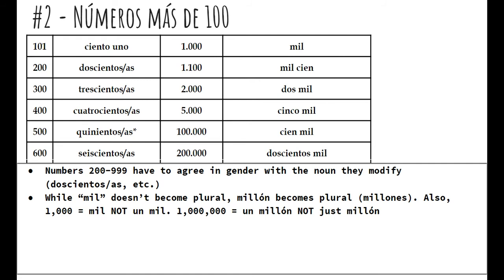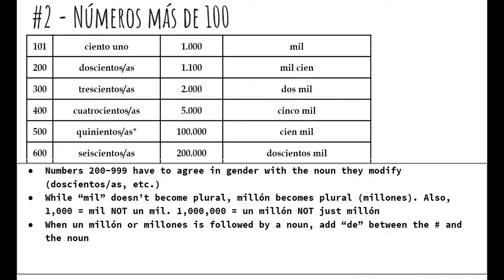Also, slightly odd, but you'll see 1,000 is just mil, not un mil, where a million is un millón, not just millón. So 1,000 is mil, not un mil. A million is un millón, not just millón.